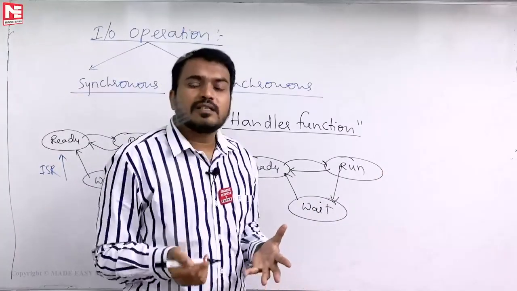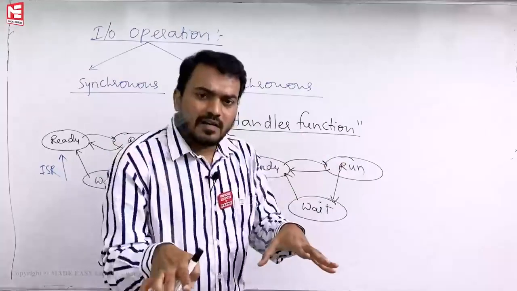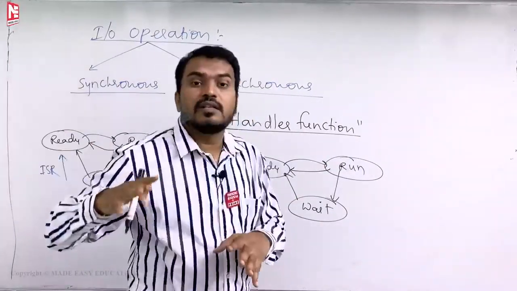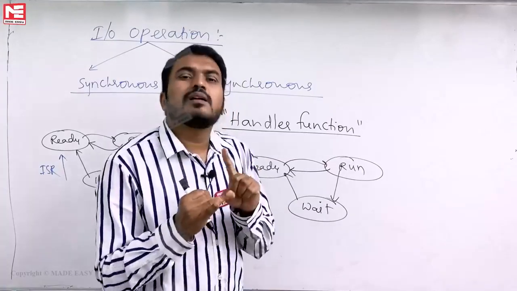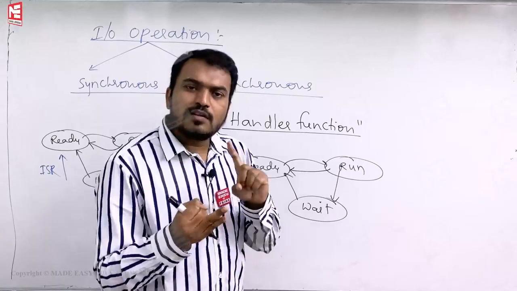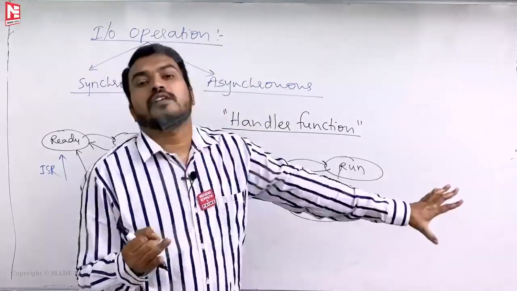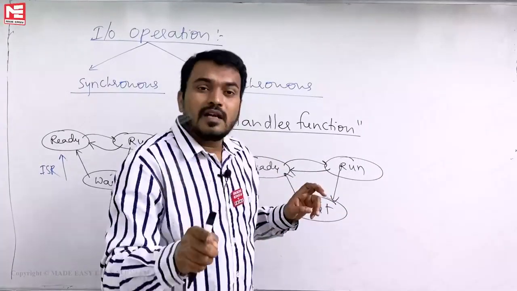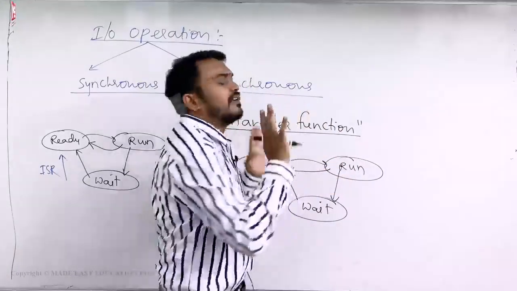For example, let's say your process is trying to read a big file from the hard disk. It will specify the name of the file and the path of the file. It will specify all the details related to the IO operation in the handler function.